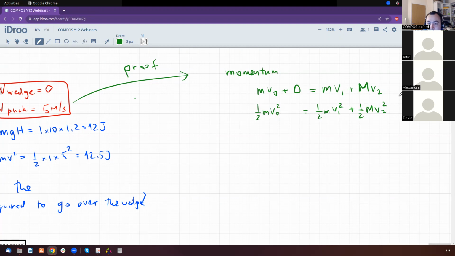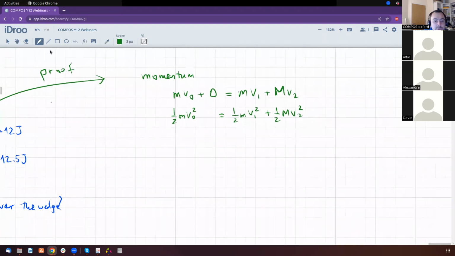So from here I can say that v0 is equal to mv1 plus Mv2 divided by m. So it's v1 plus M over m v2. I plug this into here.